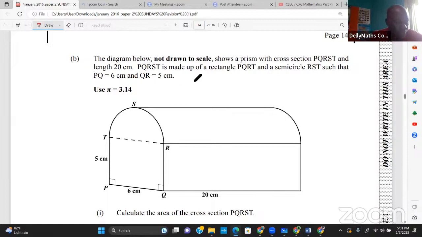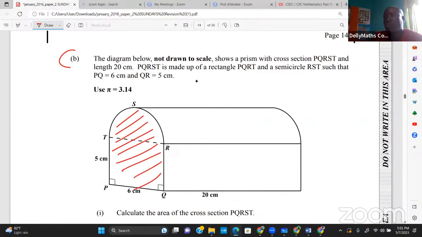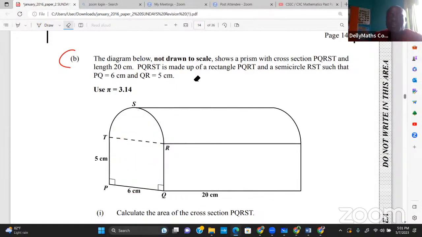It says the diagram below, not drawn to scale, shows a prism with cross-section. Let me just mark it for us. They're telling us that this is the cross-section, PQRST. That's the cross-section already. And the length is 20. So you're seeing the length, that's how long the thing is.